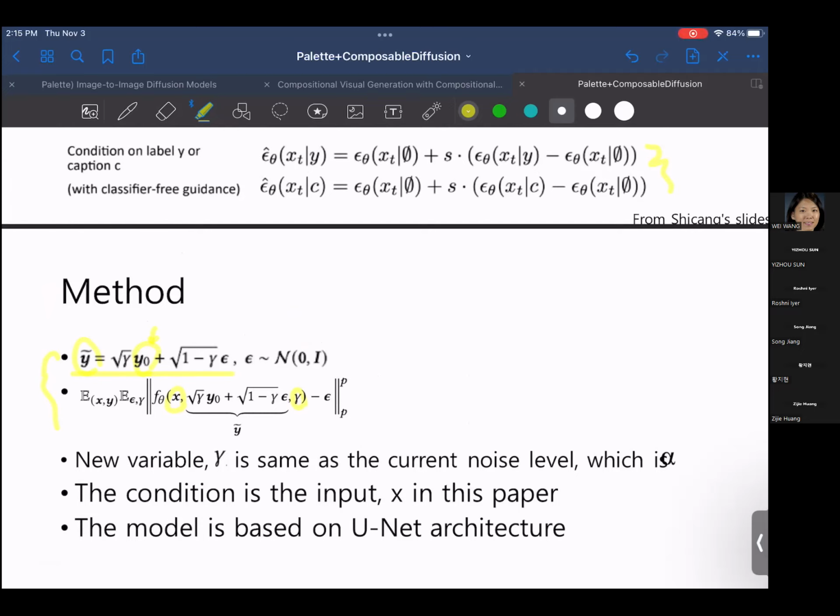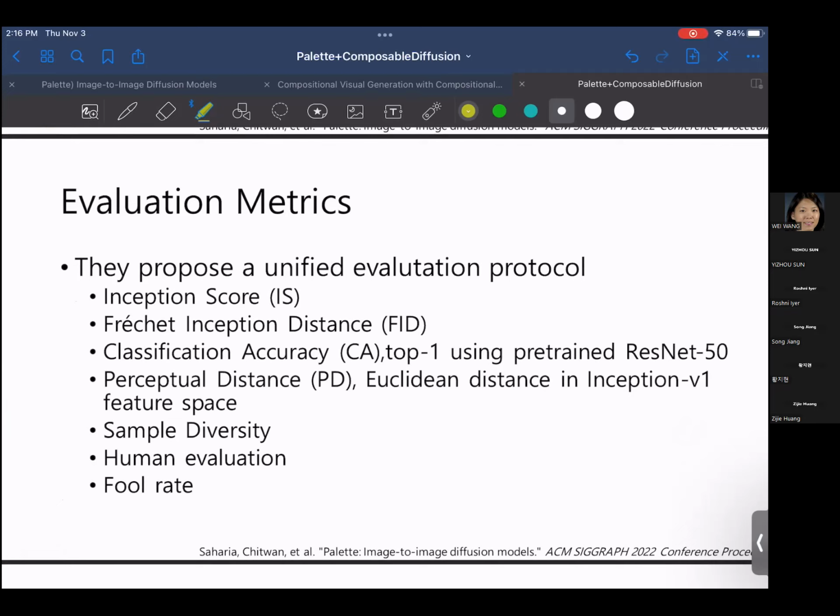To look at the evaluation metrics, since they are proposing various different tasks, including inpainting, colorization and many others, they are proposing a unified evaluation protocol.